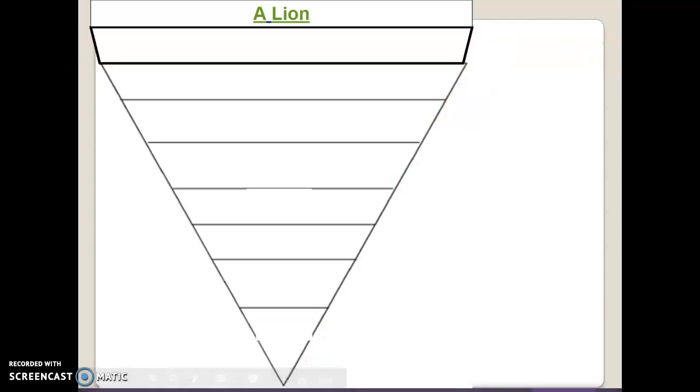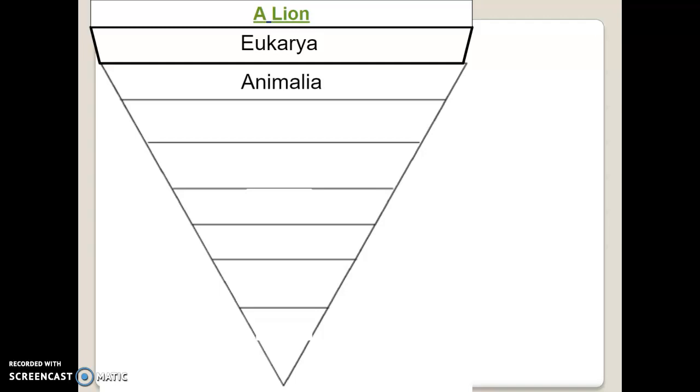So when we're talking about this classification of the lion, the first grouping or the first classification level, which is called a taxon, is the domain. And the domain of a lion is Eukarya. They're eukaryotes because they have a nucleus. Next comes the kingdom. So there are 6 kingdoms.